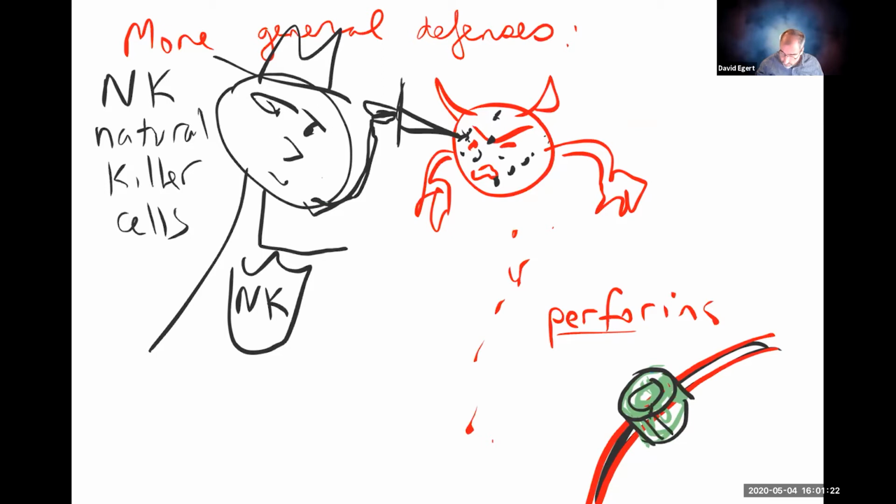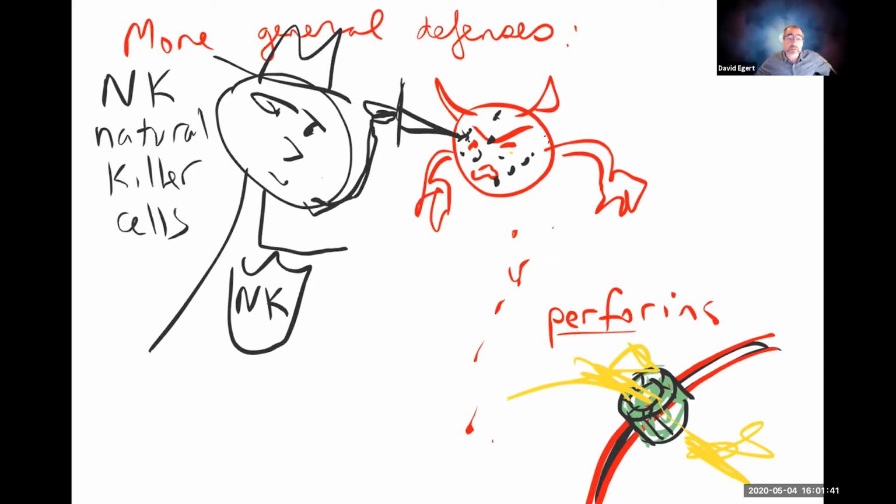So there's a few of them. They assemble together and now there's a hole. And now this cell is all full of little holes and it's not going to be okay anymore.